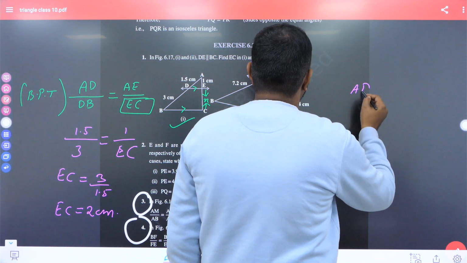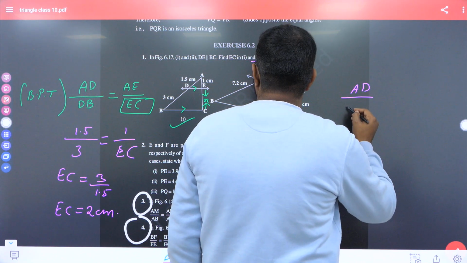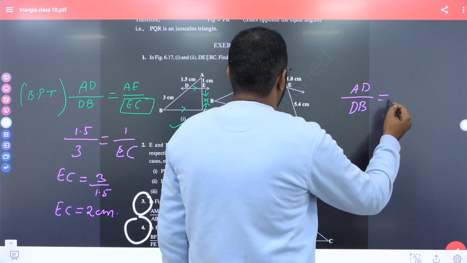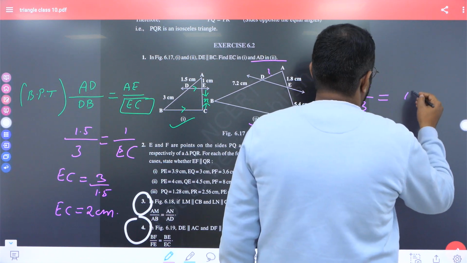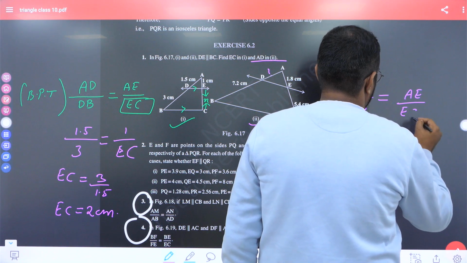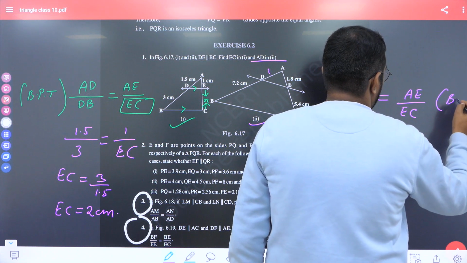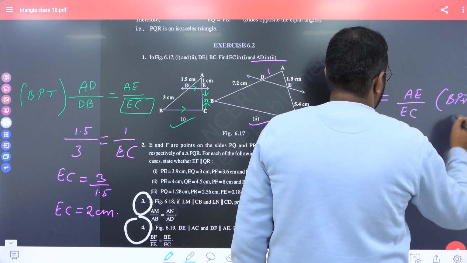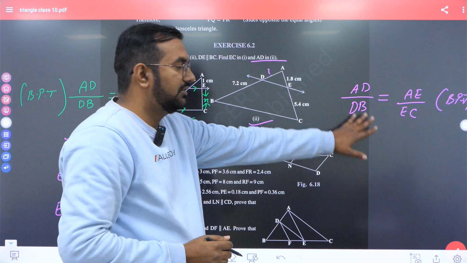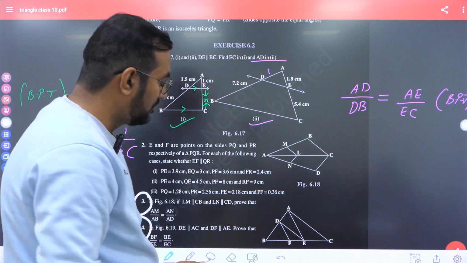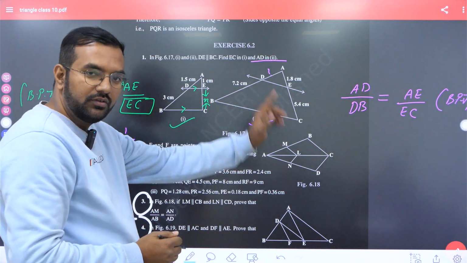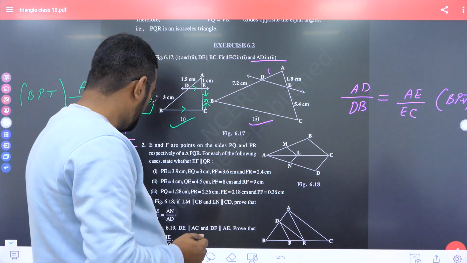Here AD upon DB is equal to AE upon EC by BPT. By putting all the values you can find it, right? I'm not going to solve this one, you will solve it by yourself.